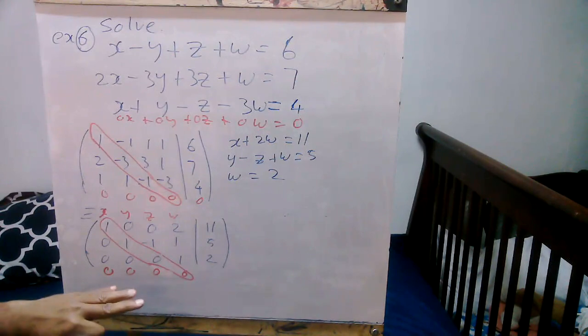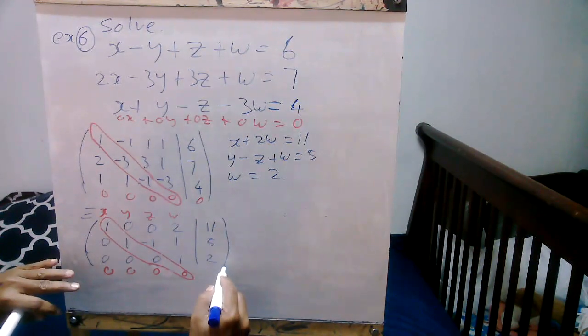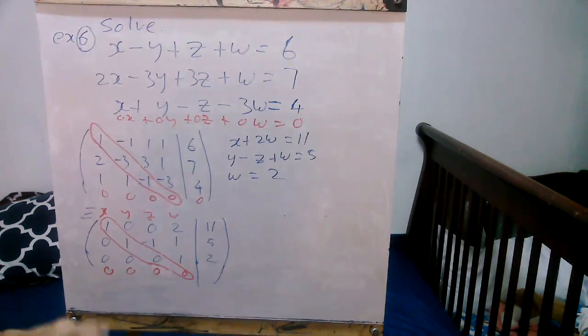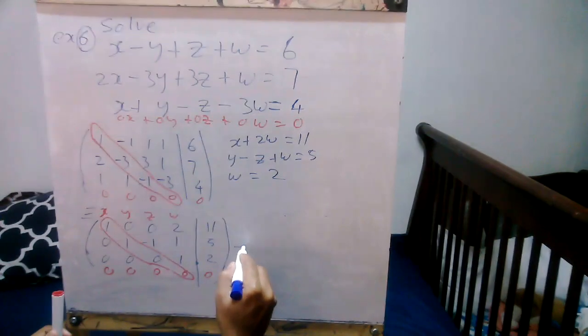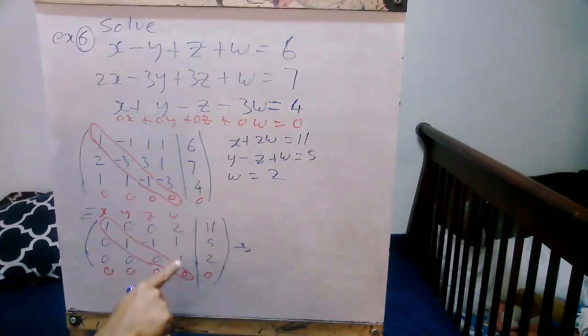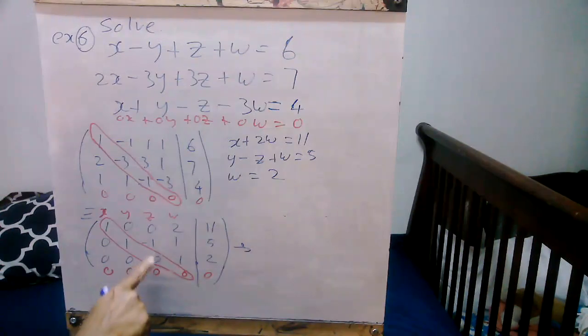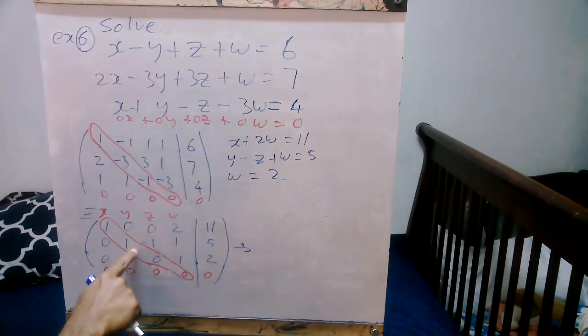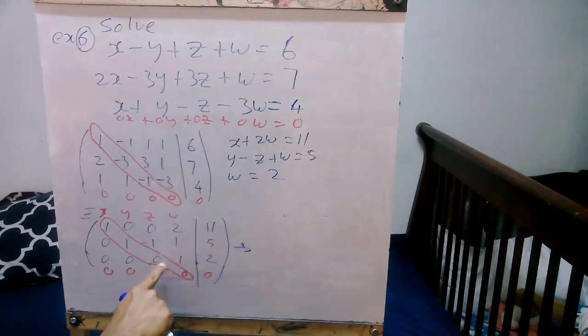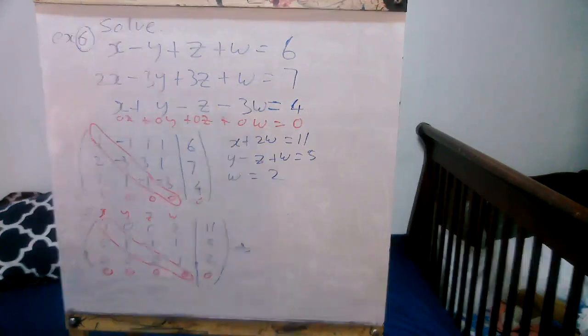Then what you may assume to do is, this is w, what's missing is z, right? What's really missing is z. We have x 1, under x we have diagonal 1, under y we have diagonal 1, under z we have nothing.